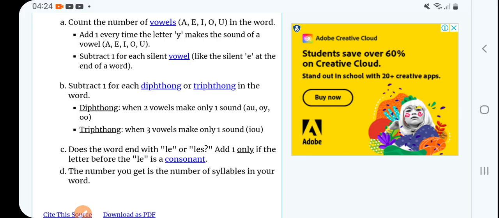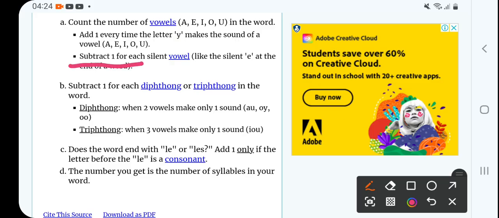I'm repeating. First of all, count the number of vowels in the word. For example, any word, here I'm picking the word subtract. The number of a, e, i, o, u here is u and a. Two vowels are there.